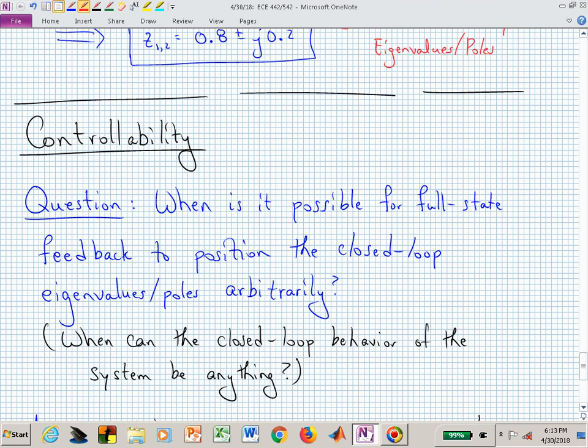You could create an oscillator. How would you create an oscillator? If I gave you a system on the final and I said, I want you to build me an oscillator, what would you do? You would want your poles to be on the unit circle, wouldn't you?